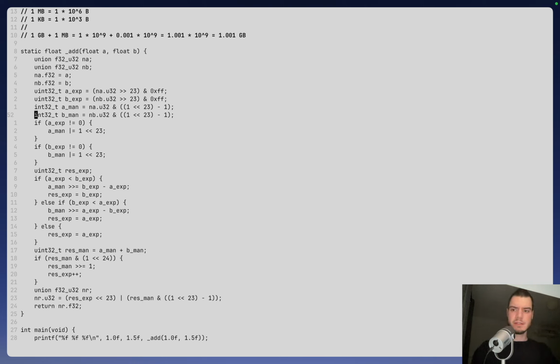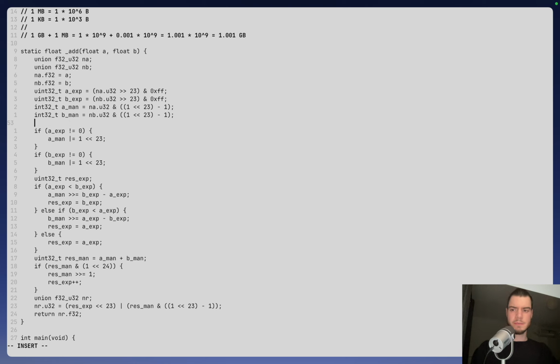Let's make these signed integers. And let's look at our first floating point value in its integer representation. And let's take its sign bit. So one shift to the left by 31 is the last bit.